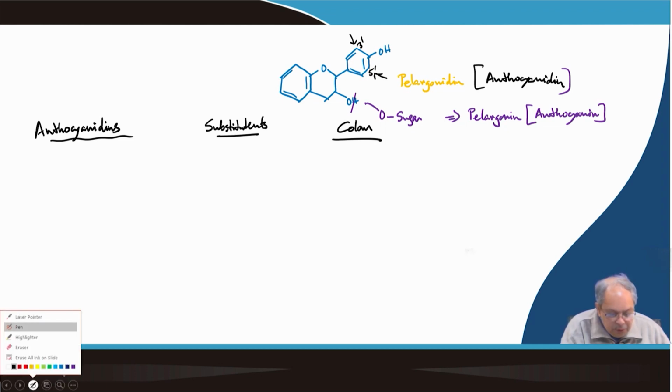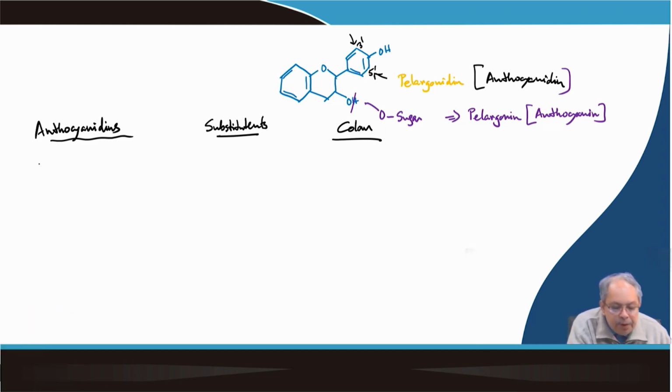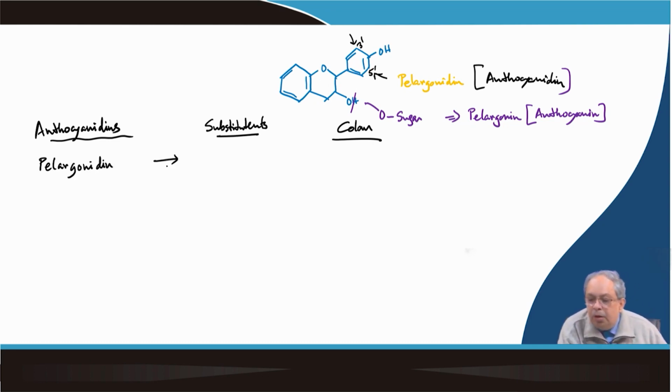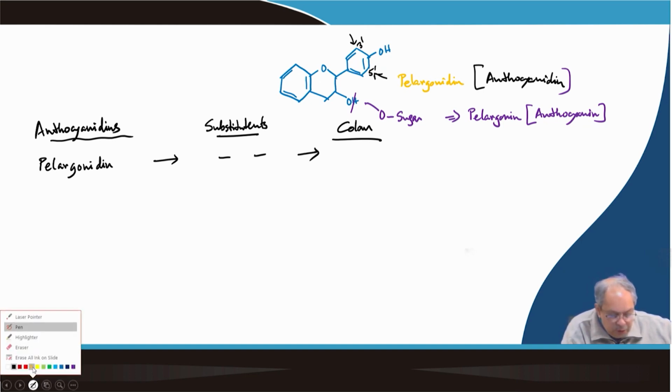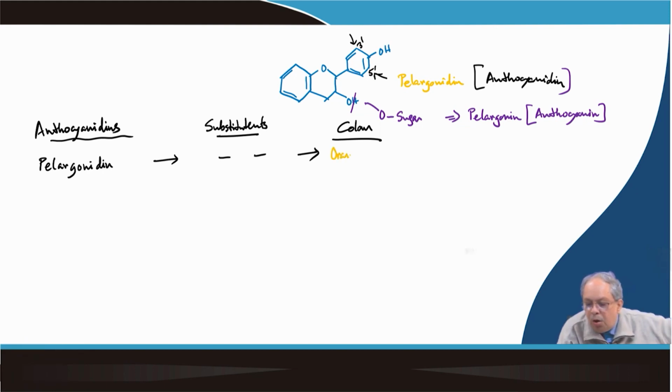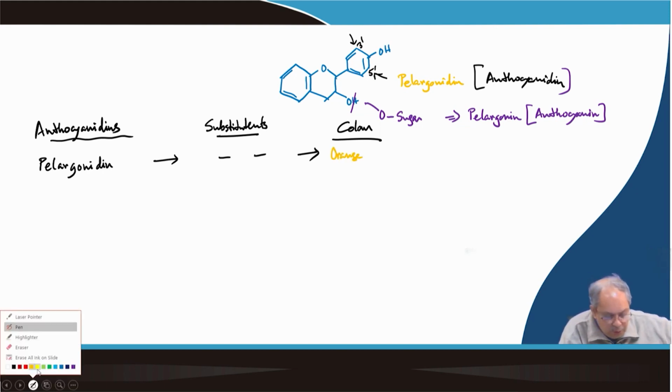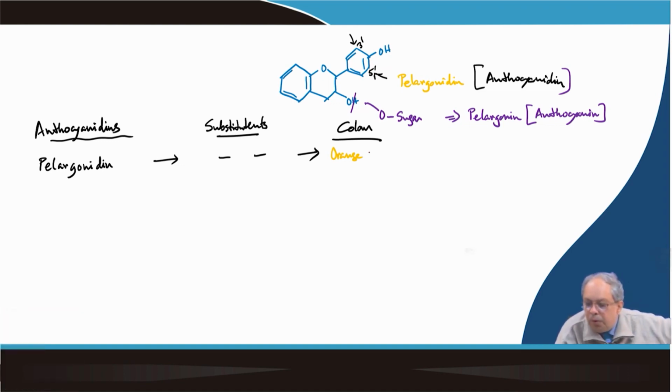So, first one is pelargonidin. Substituents at 3 prime and 5 prime, as such there are none, it is only H, and as a result, the color is orange or yellow or red, sometimes they call it orange red.